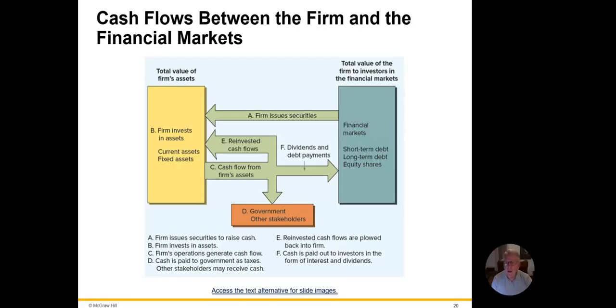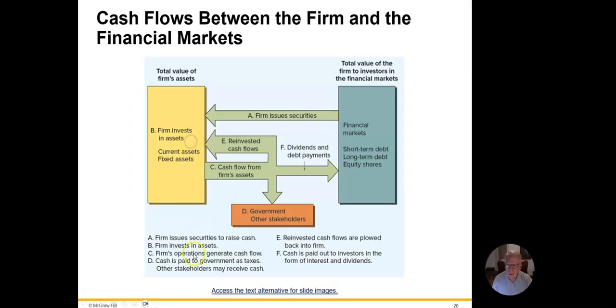Okay, so this is a little bit difficult to understand, this particular diagram, so I'll go through it a little bit. Here, the firm issues security to raise cash. Here it is here. And then the firm invests in its assets here.